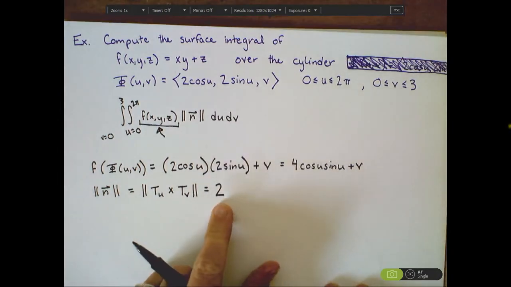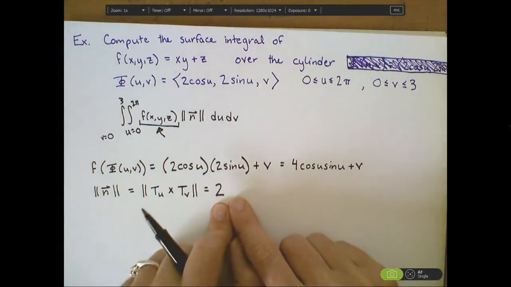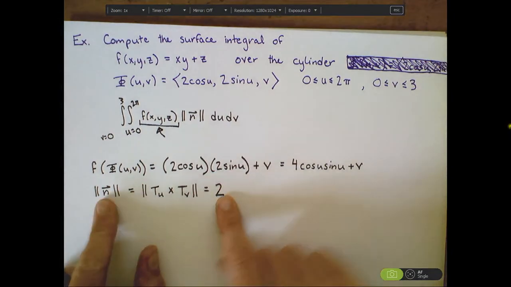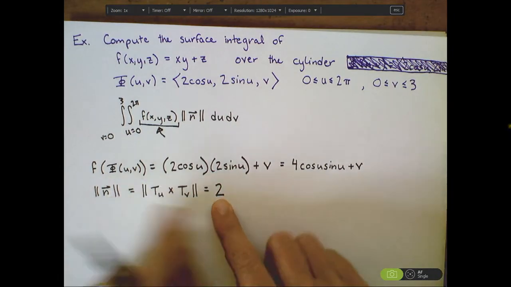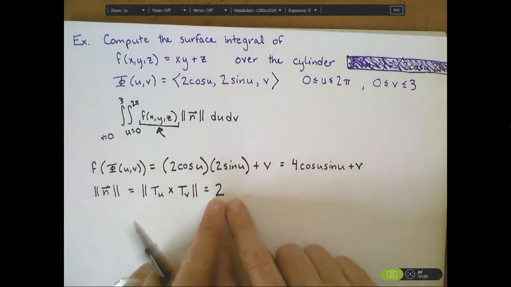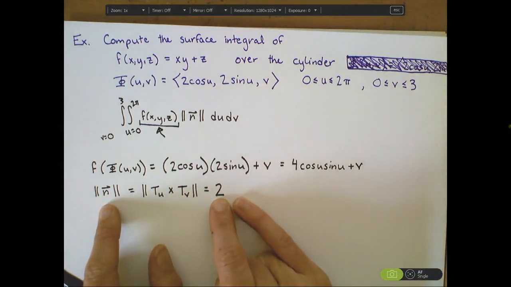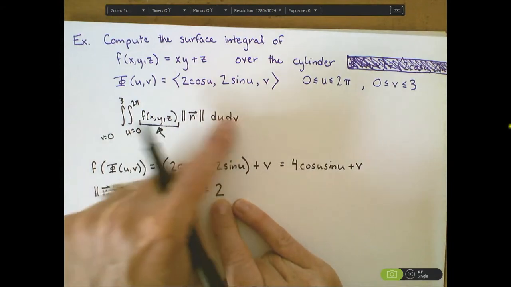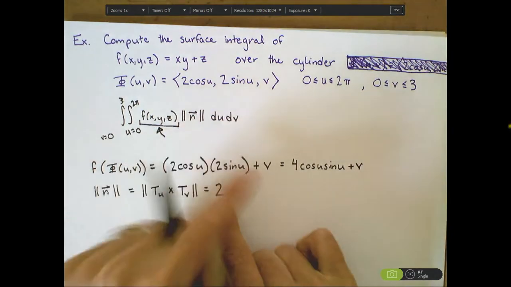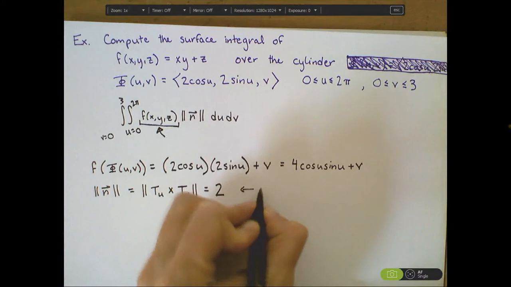One note is that this might not be a constant. In this example, the magnitude of our normal vector was 2. Sometimes it's going to be a function of u's and v's. You could see how that might happen. And if it is a function of u's and v's, that's not a problem because we can integrate with respect to u and v. But just keep in mind that this is not always a constant.